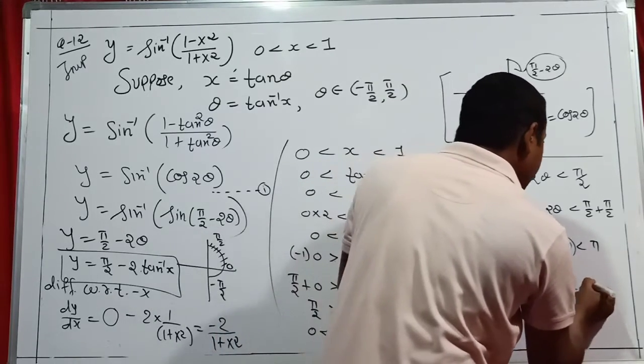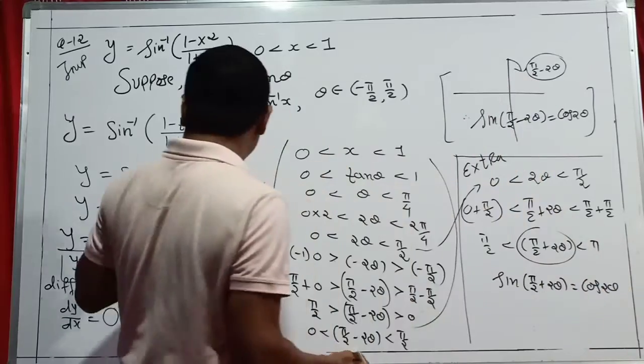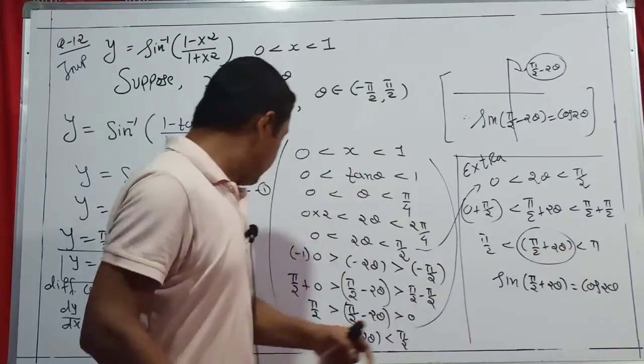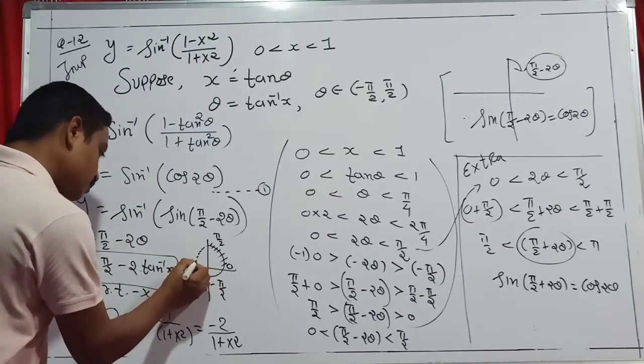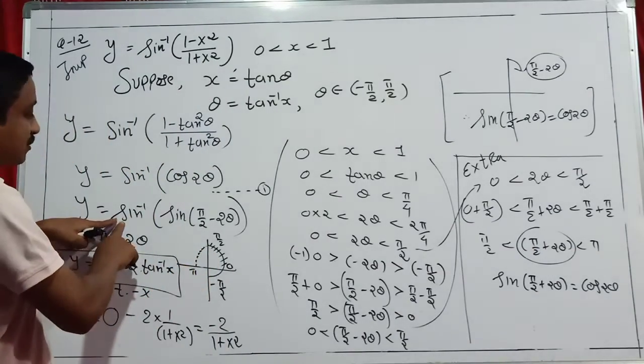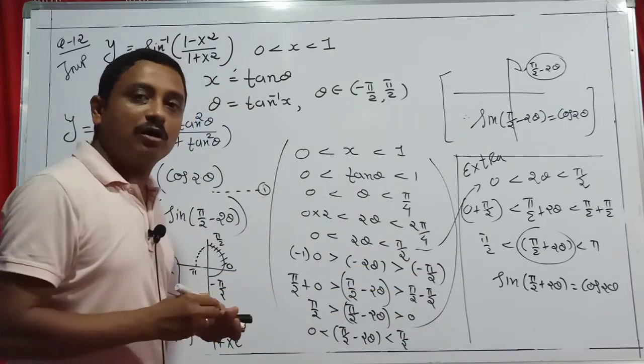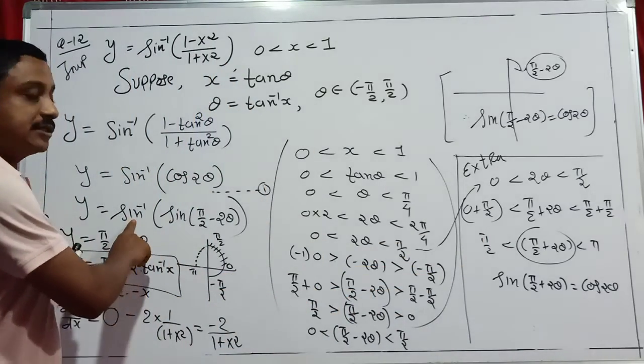Surely it is cos 2 theta, so you get this value, but the range is not covered. Pi by 2 to pi means you are here, and I want the range of sine inverse in minus 90 to 90. This range is not covered by these solutions.